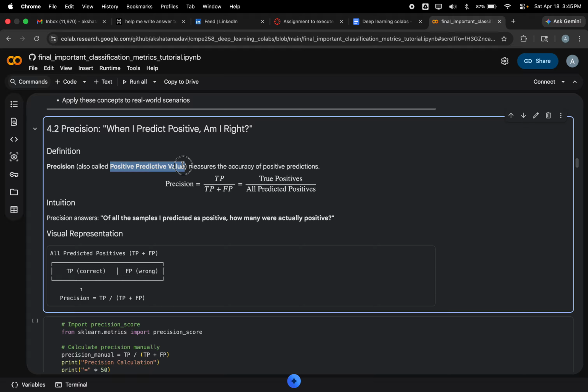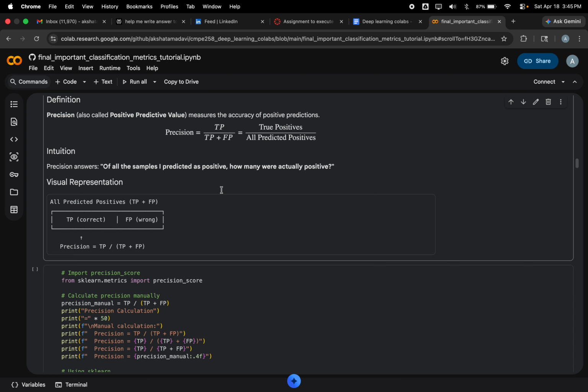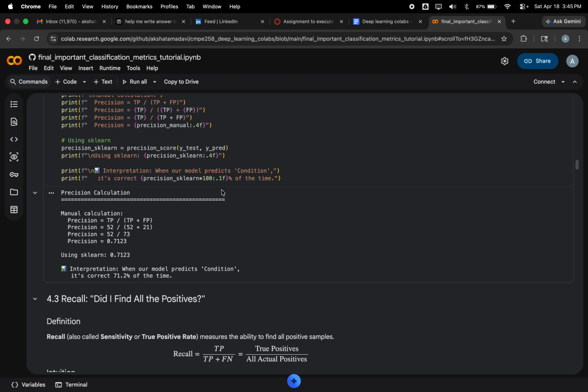It measures the accuracy of positive predictions: true positives divided by all predicted positives. The intuition is, of all the samples I predicted as positive, how many were actually positive? And that's the formula for it. Here in the model, we are getting the precision as 71%.